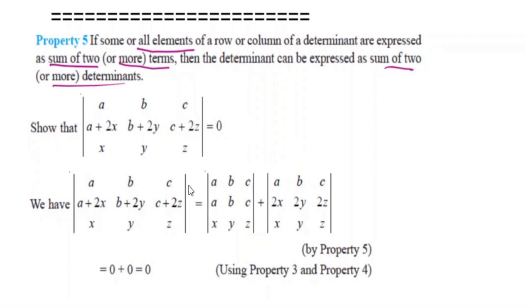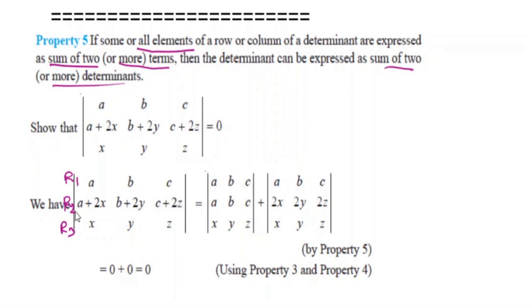is equal to 0. Here, let us consider the first row, row number 1. Row number 2 is A plus 2x, B plus 2y, C plus 2z. Row number 3. Now what can we do? We can identify the second row because it is added with 2x, 2y, 2z.